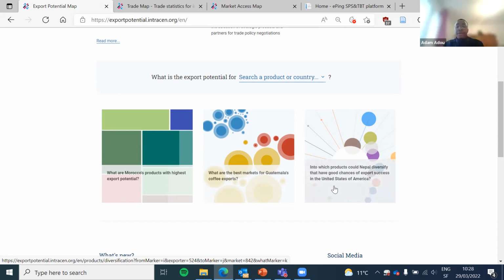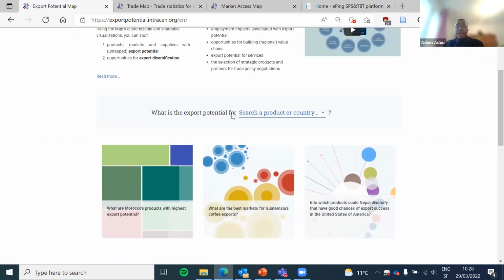So module 1 looks at the different products, ranked from the highest potential to the lowest. Module 2 looks at the different markets, from the country with the highest potential for your export to the country with the lowest. And the last one hints at diversification. But what's key for your research is this toolbar that we can see here.